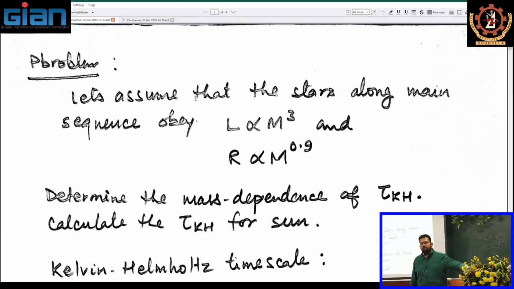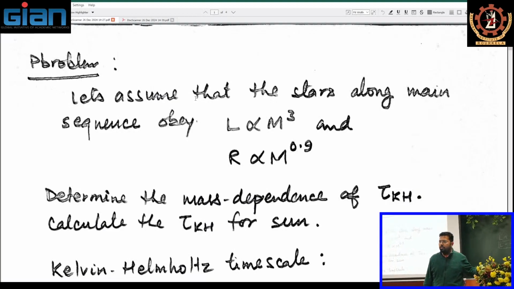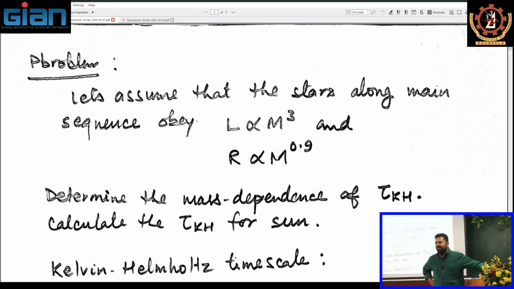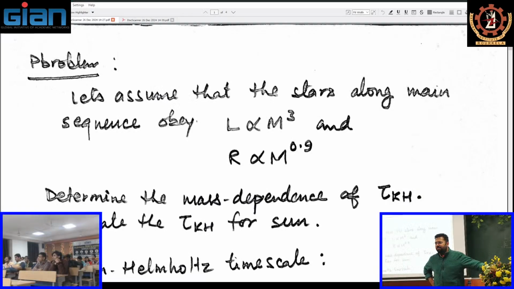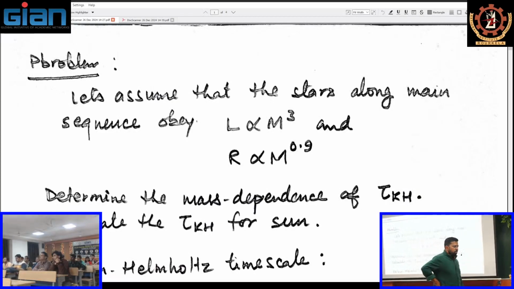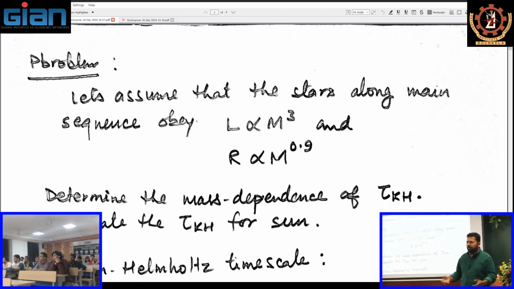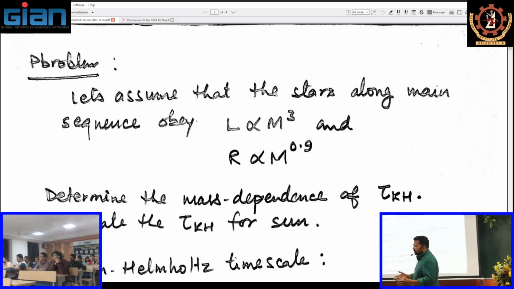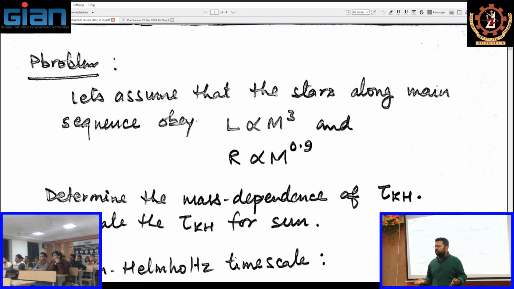So how do we define the Kelvin-Helmholtz time scale? Any idea? Any suggestion? E thermal divided by luminosity, meaning the thermal energy content divided by the present luminosity of the star. In a cruder way, the star has a certain amount of thermal energy, and it also has a luminosity.